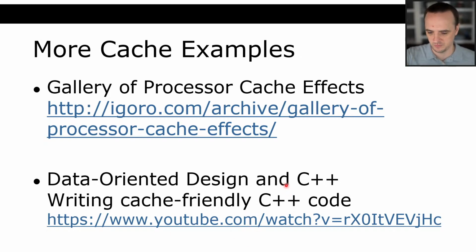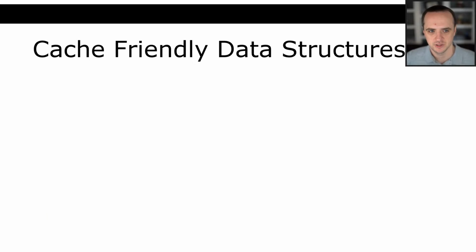This is a CppCon talk that is quite wonderful, and we'll talk about some of the things in it for the rest of this lecture. Mike Acton here has way more actual experience than I do in the industry, so he gives some industry tips that I cannot. So, cache-friendly data structures.